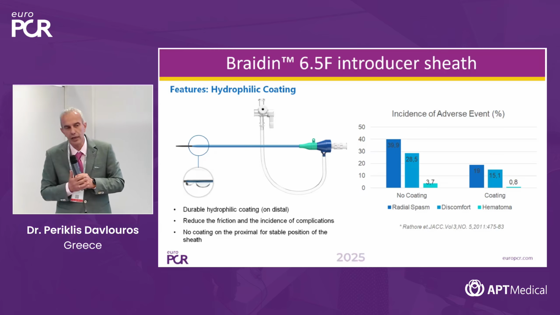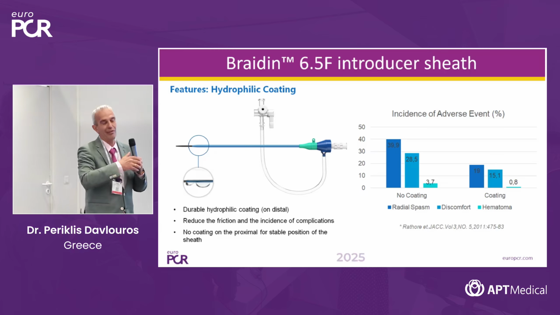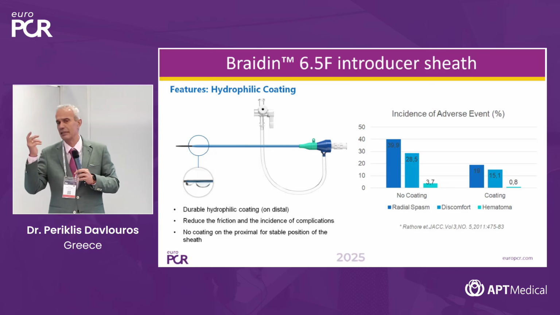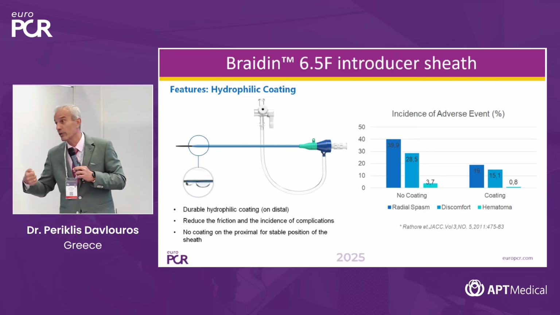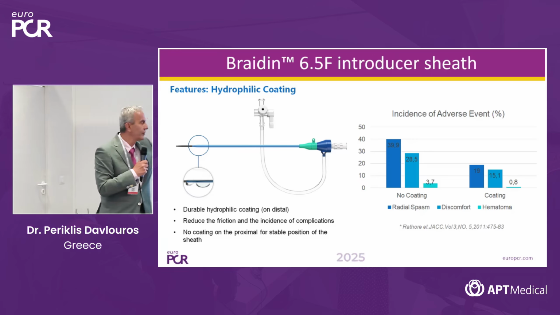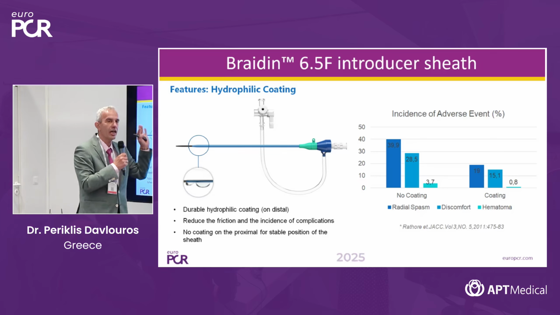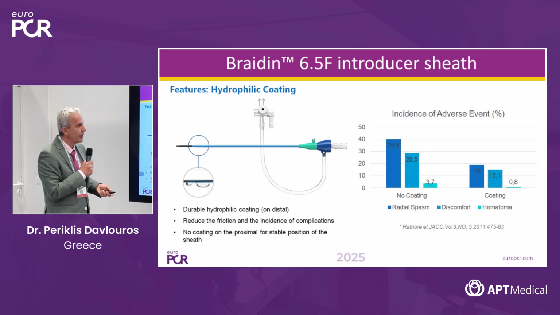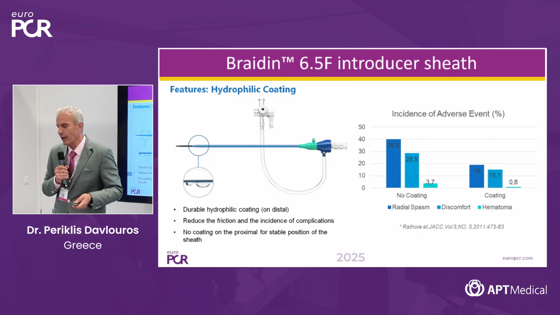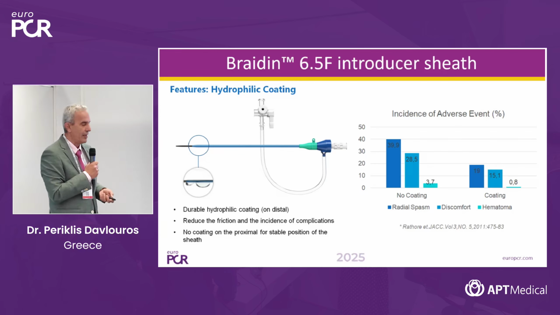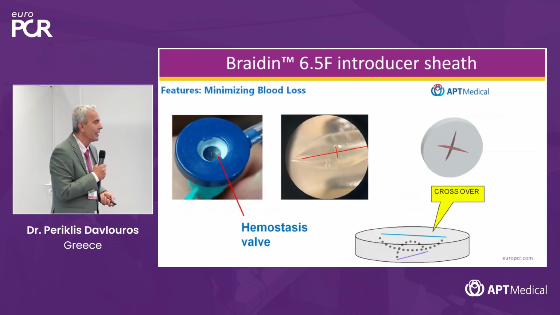Probably some interventional cardiologists having experience with totally hydrophilic sheaths like the Slender sheath know that when you try to pull out the catheter, the sheath comes with the catheter. You don't have to hold this sheath. The sheath stays in position, and it's very clever, it's very important. And of course, hydrophilic coating, everybody knows, reduces the radial artery spasm.